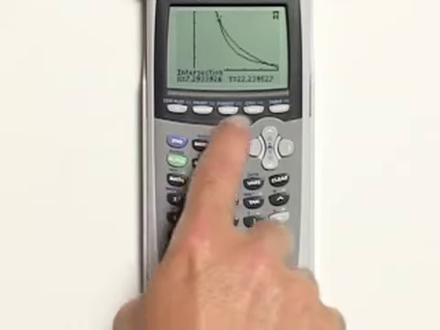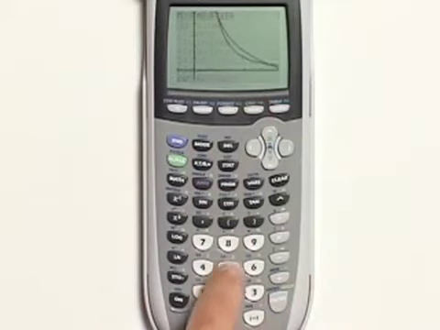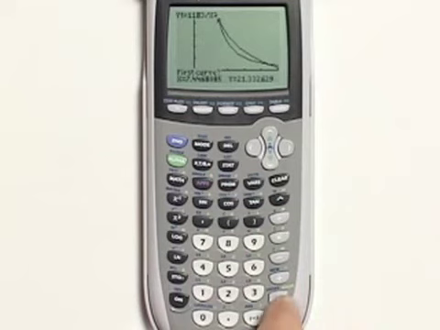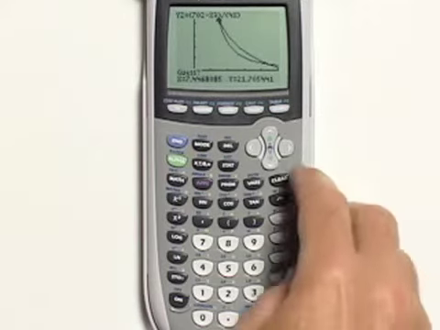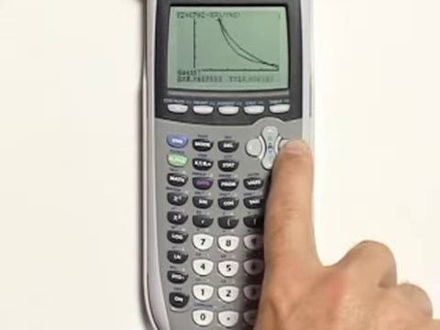Now, let's go find the second point of intersection, the one that's over on the right. So press second, calc, and 5. It's asking, is the first curve y sub 1? Yes, so press enter. Now, is the second curve y sub 2? Yes, so press enter. Now we need to move the cursor to the right so it's closer to that point of intersection. So press the right arrow key, press and hold it down, and you'll see it'll move automatically.